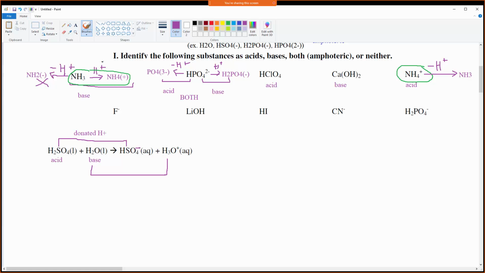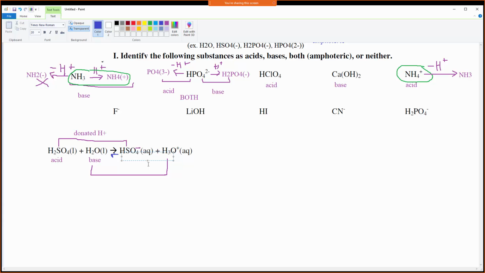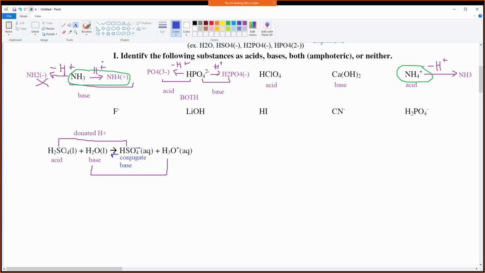And now on this side, we can say, all right, well, this guy, he came from the acid, but if, for instance, I went backwards, he would have to accept the H plus to get here. So he would be like a base going backwards. So for this reaction, we're going to call him the conjugate base from this conjugate acid-base pair here, right?